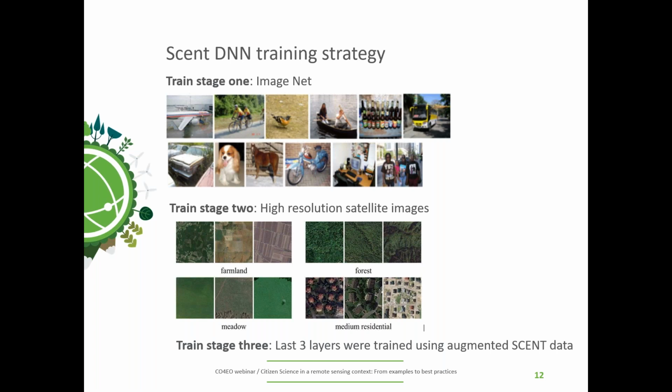Then we have a second pre-training stage where the neural network was retrained based on an extensively large collection of open data tiles that are relevant to the land cover land use classification problem that we focus on in the context of SEND. After the pre-training stage, the last 6 convolutional layers and the fully connected part were retrained using the SEND training data tiles.